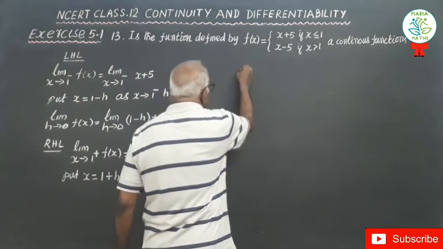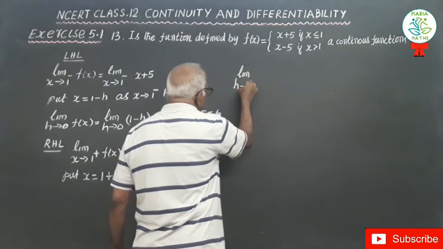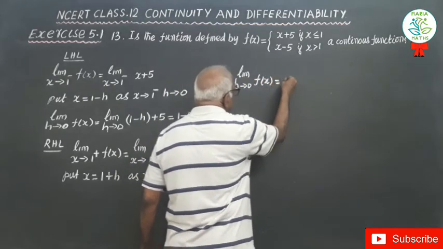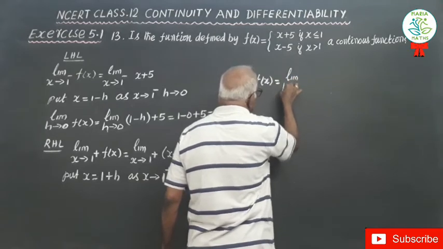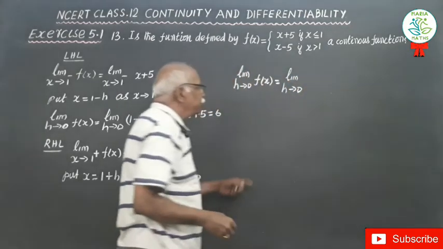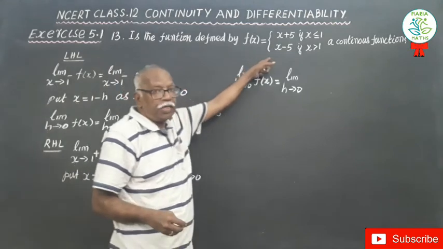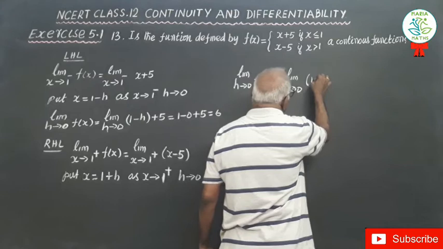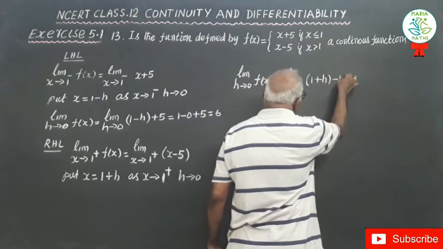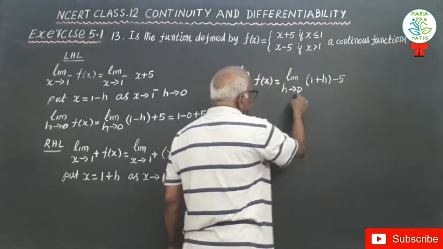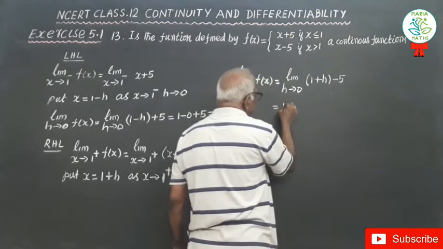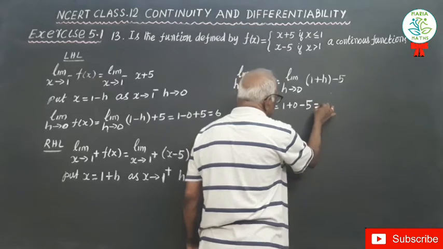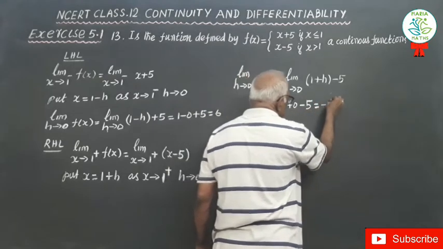Limit h tends to 0, f of x is x minus 5, which is 1 plus h minus 5. We put h is equal to 0, 1 plus 0 minus 5, 1 minus 5 is minus 4.